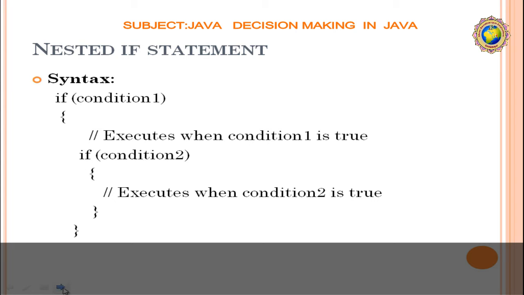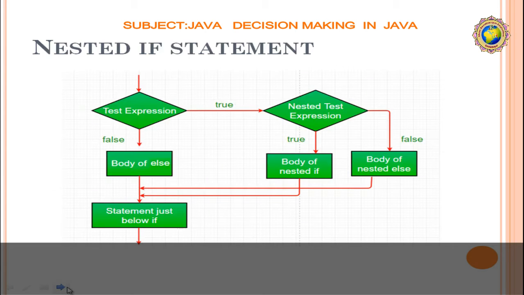Let's see the example of nested if. Before going to the example, we have to check the flowchart. Nested if statement flowchart: if the condition is true, then the next condition will be checked, and if that is true, then the body of the nested if is executed. Otherwise, the body of the nested else will be executed.